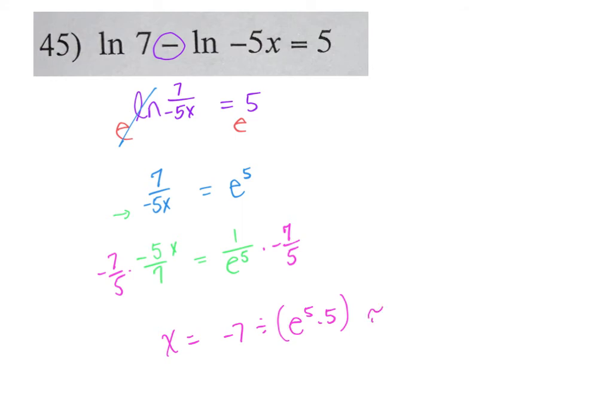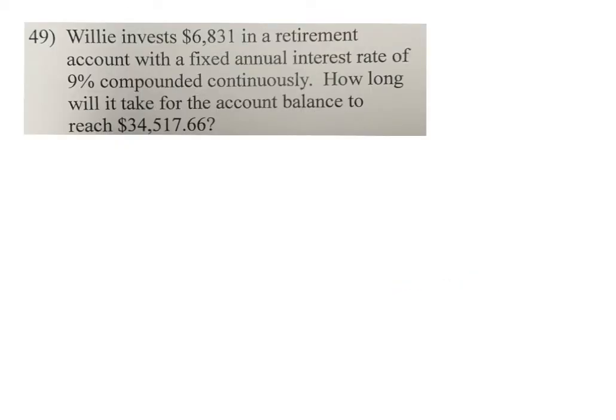The answer to this is the same kind of equation. You'll still use A equals Pe to the rt. You're going to plug in what your investment is. So you'll say 68.31.